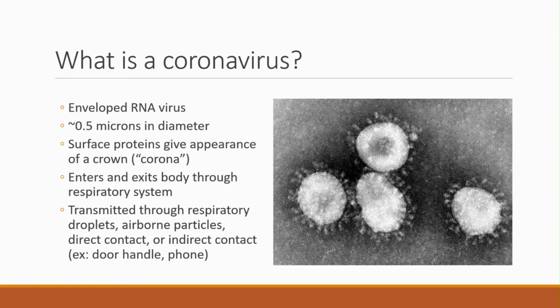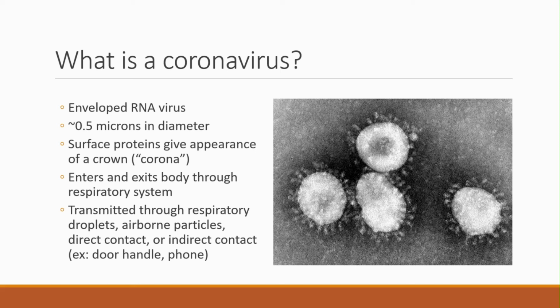They can be observed with the surface proteins giving an appearance of a corona, which means a crown. So if you look at these images here to the right, you'll see the surface proteins, those little spikes you can see around the outside of the virus, which is pretty neat.